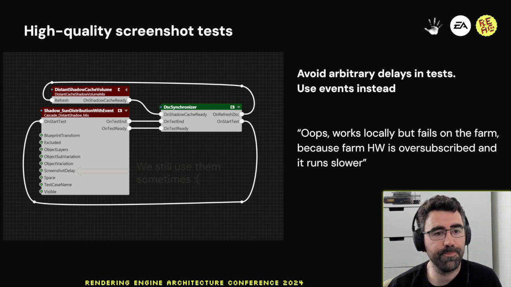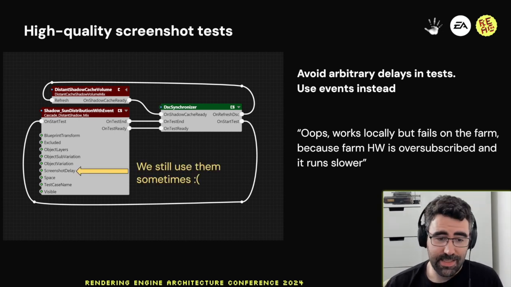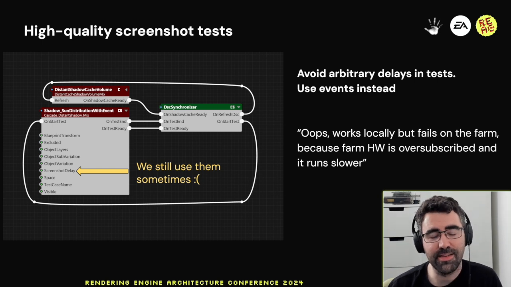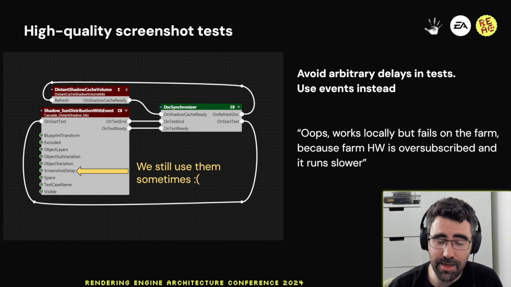That's crucial. And yes, we still have a screenshot delay thing there because sometimes, trade-offs. Sometimes we haven't spent the effort to add an event system to something. And for those cases, we still rely on delays, but we try to do it as little as possible.